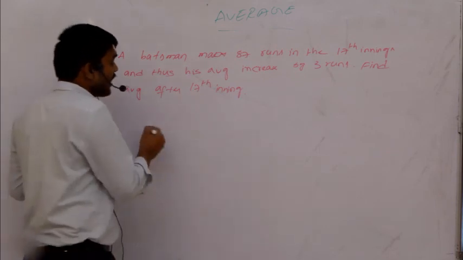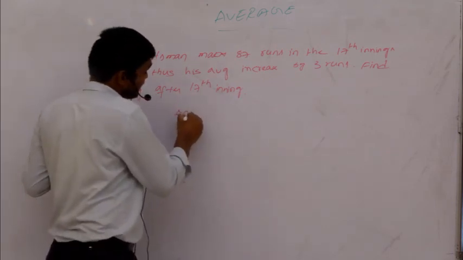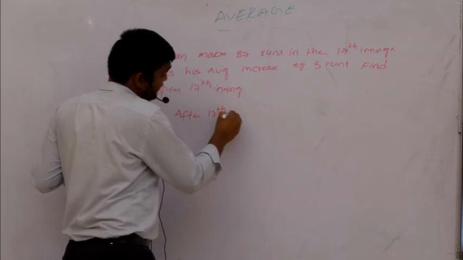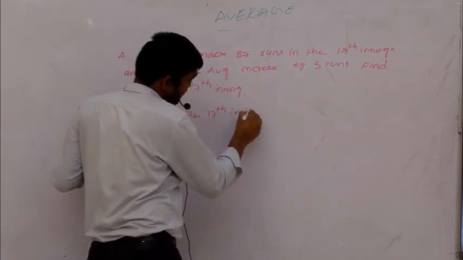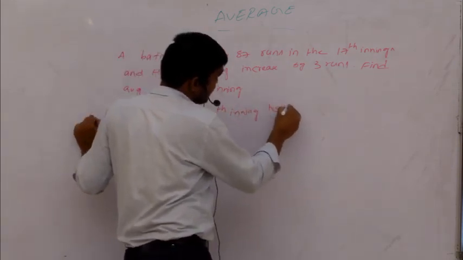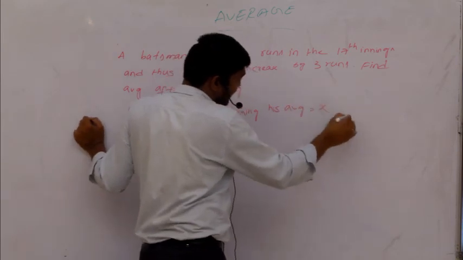So after the 17th inning, his average we can take as x.